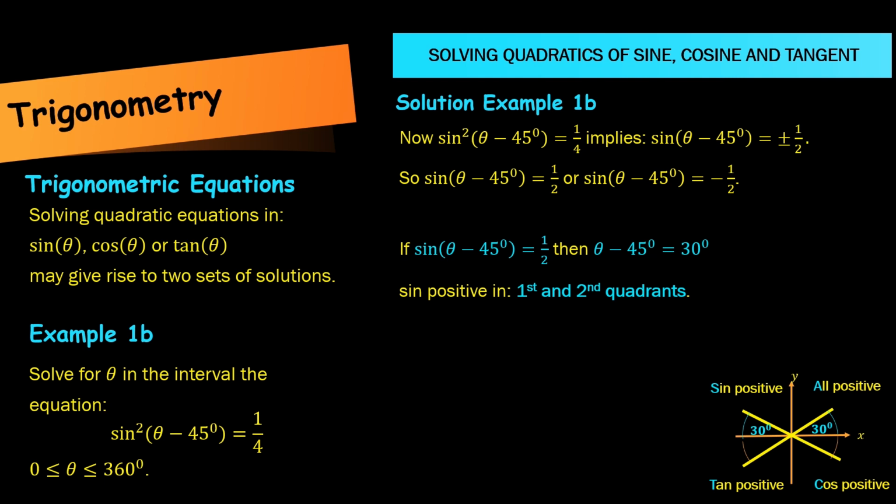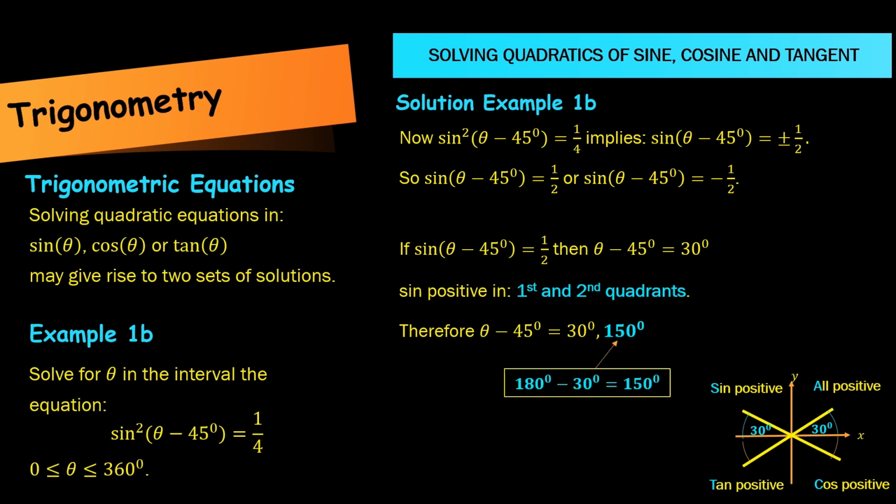But of course in the second quadrant we can't call it 30 degrees. Here's 30 degrees in the first quadrant. And this 30 degrees here is actually 150 degrees in the second quadrant. In other words, 180 minus 30 degrees.